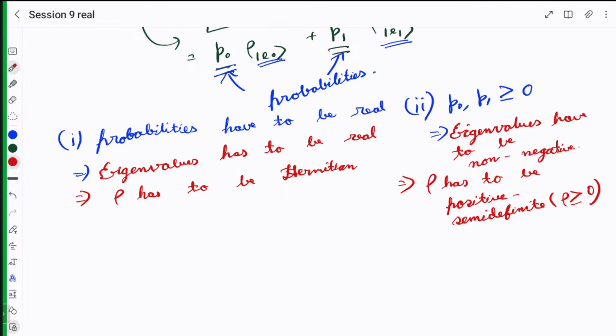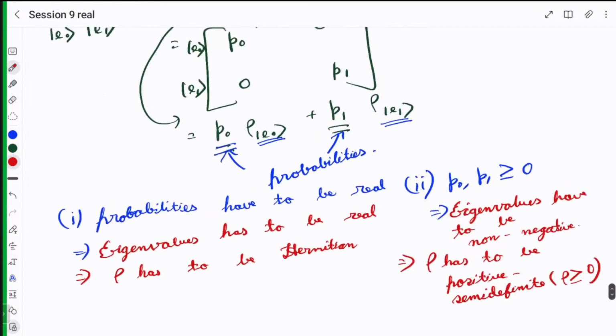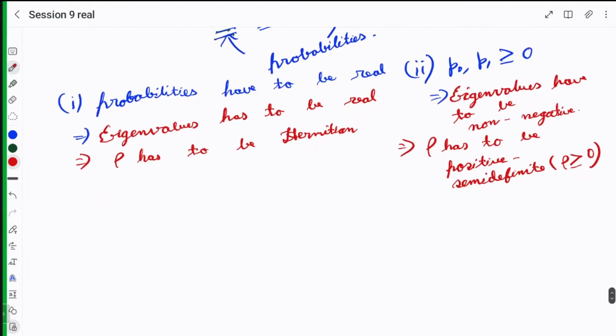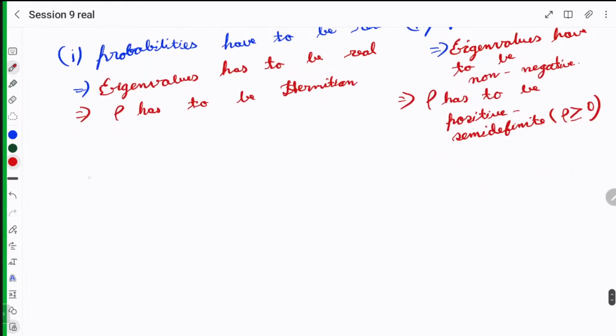All right. So these are some of the properties that the density matrix has. Let's write them down in one go. Properties of the density matrix.